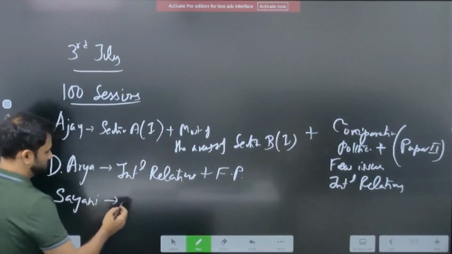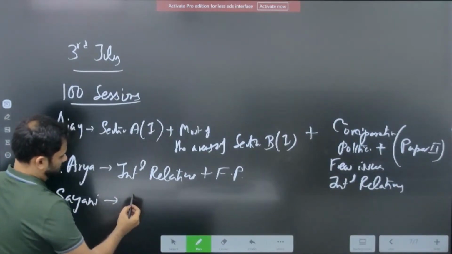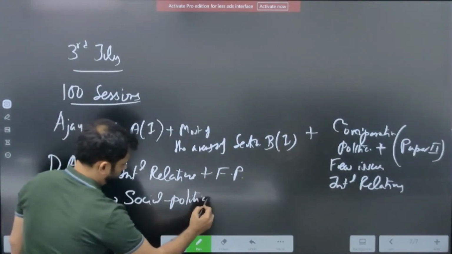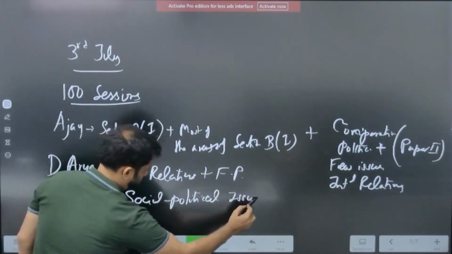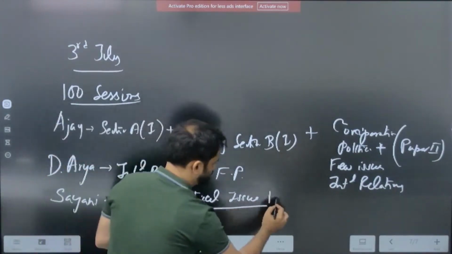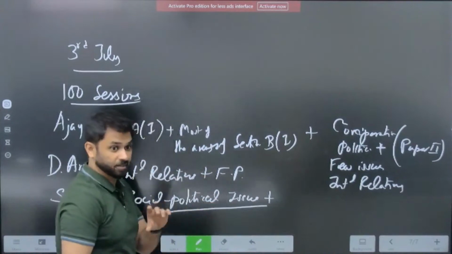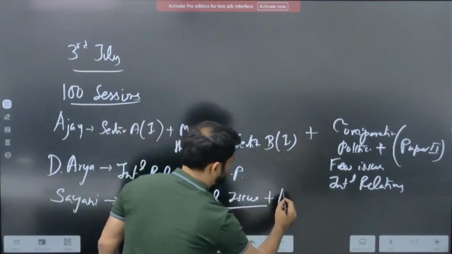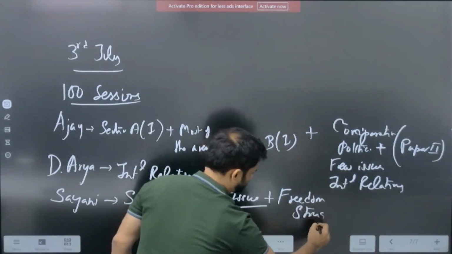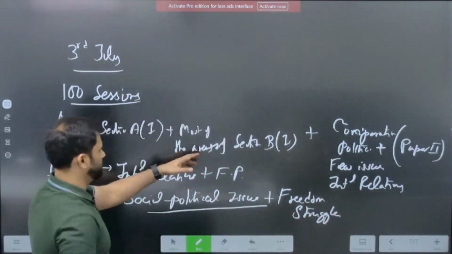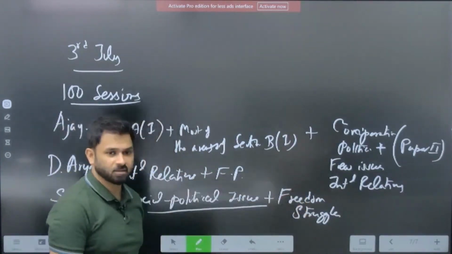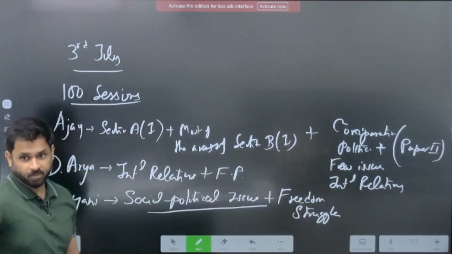So she is going to take a few sessions on basically the socio-political issues, and she will also give you a very strong insight into the freedom struggle and the historical issues. She will be the one who is going to discuss everything related to the freedom struggle in detail, right?